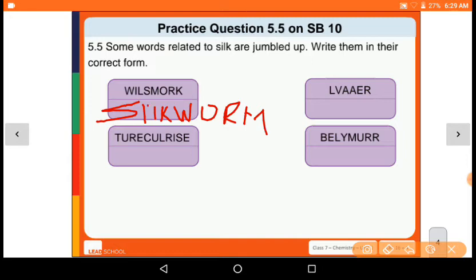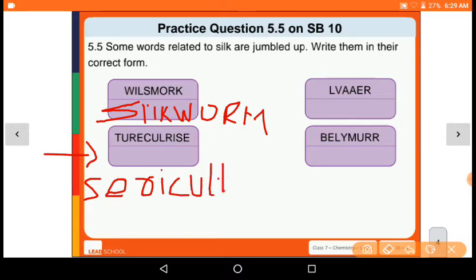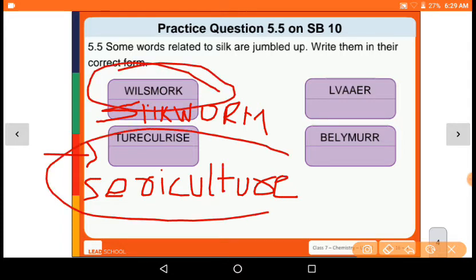Here the second is sericulture, SERICULTURE. So first is silkworm, and this is sericulture.